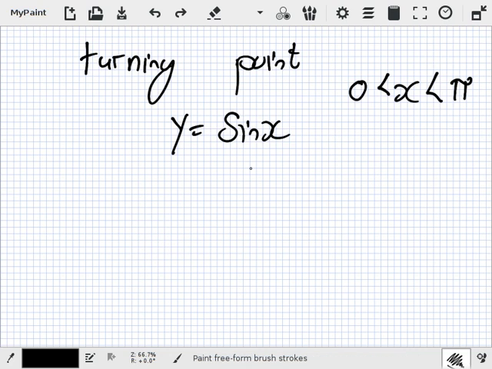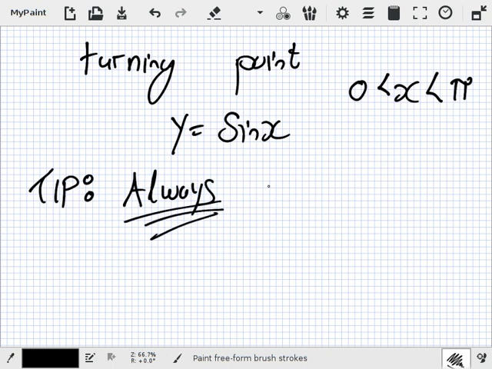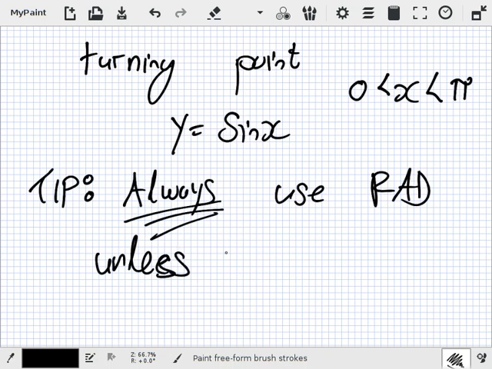So my little tip here is to always use radians unless you see a degree symbol. If you're asking me what mode should I use, the answer is always radians, unless you can show me a degree symbol.